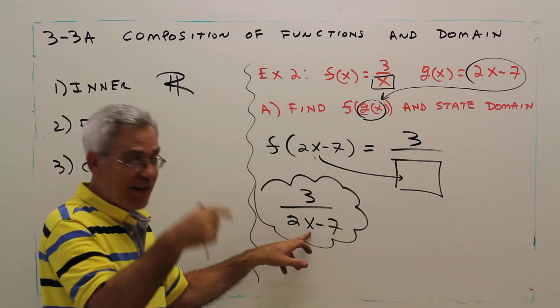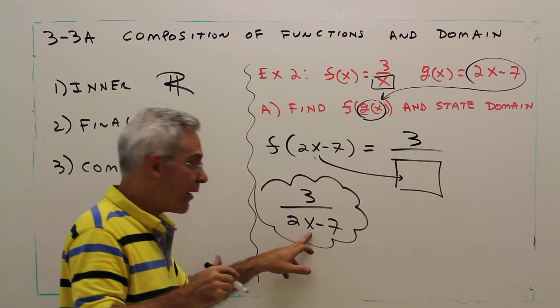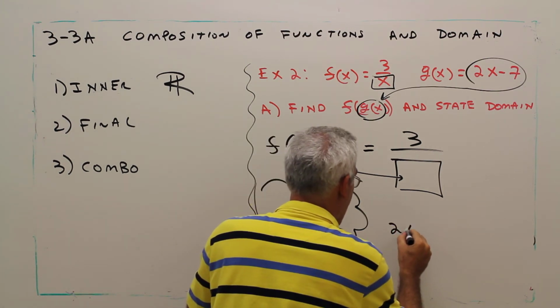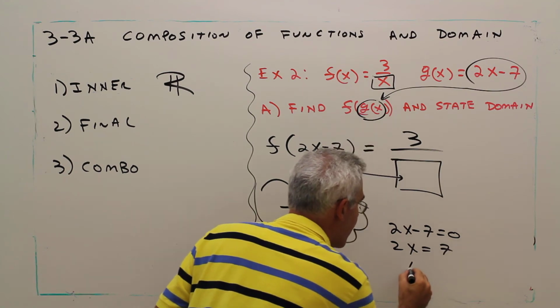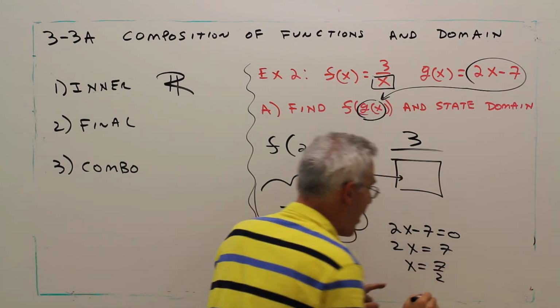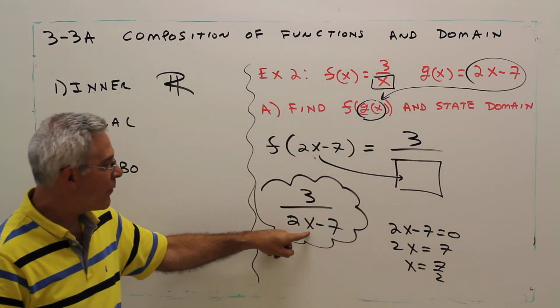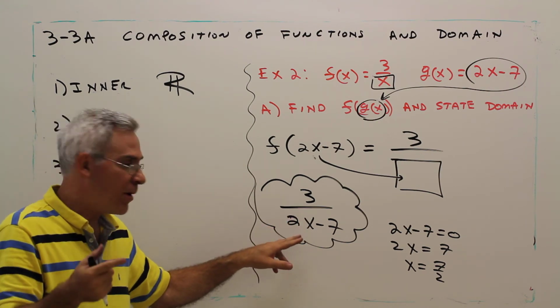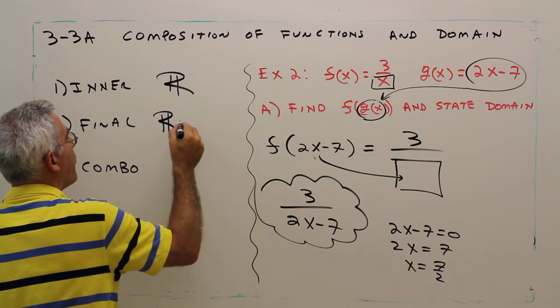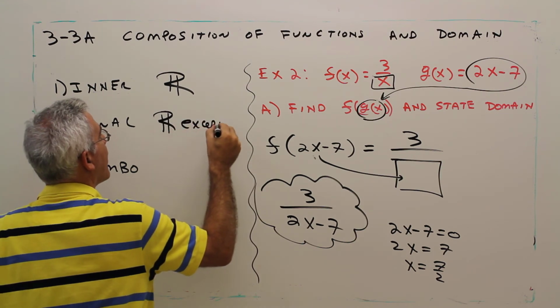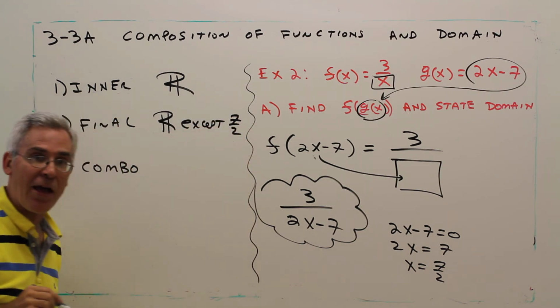So what I'm going to do is set the denominator equal to 0 and find out who the bad x's are. So 2x minus 7 equals 0, 2x equals 7, x equals 7 halves. If x were 7 halves, the denominator would be 0, and that would be bad. So my domain is all reals except 7 halves.